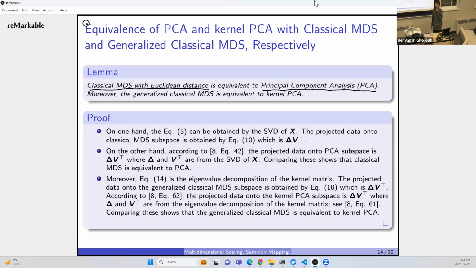Can you believe that? So classical MDS can be proved to be equal to principal component analysis if we use Euclidean distance. Also, generalized classical MDS is equivalent to kernel PCA. I don't go into the proof, not to be too overwhelming, but here is the proof.